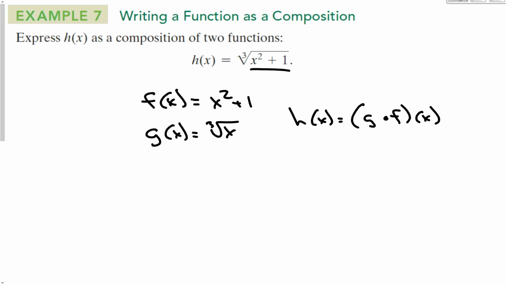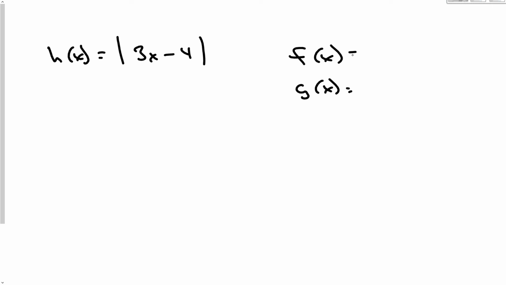Okay? Let's try one more of those real quick. And let's look at this, 3x minus 4. So here's h of x, right? I could split that into f of x and g of x. I look for the function on the outside and the function on the inside.